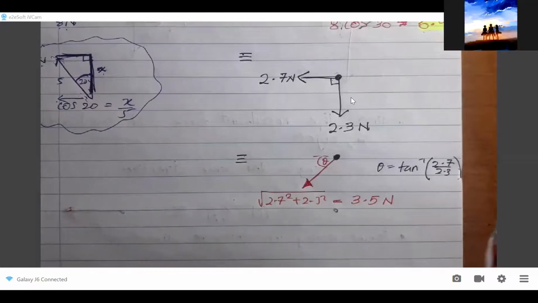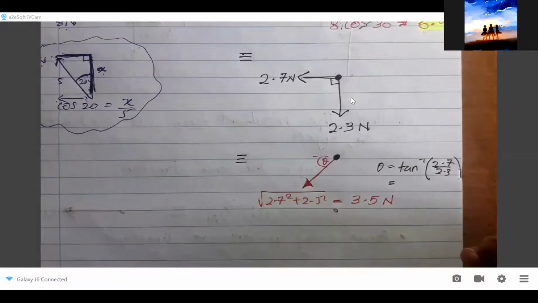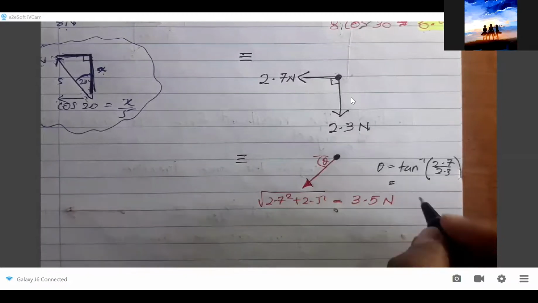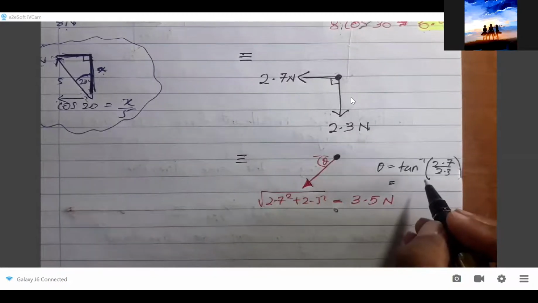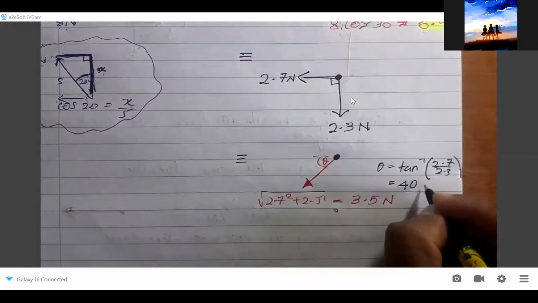And the angle is 3.3 over... that would be 40.4. Yeah, 40.4.